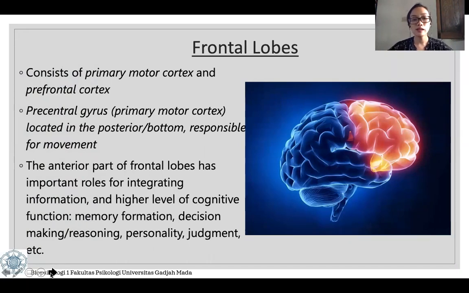So in general, species with a larger cerebral cortex devote a larger percentage of it to the prefrontal cortex. So for example, it forms a larger portion of the cortex in humans and the great apes than in other species. Okay, so neurons in the prefrontal cortex have huge numbers of synapses and integrate an enormous amount of information. So it is very important.